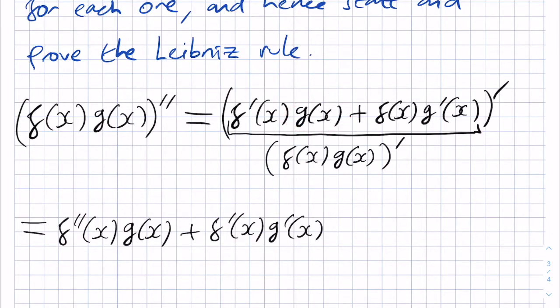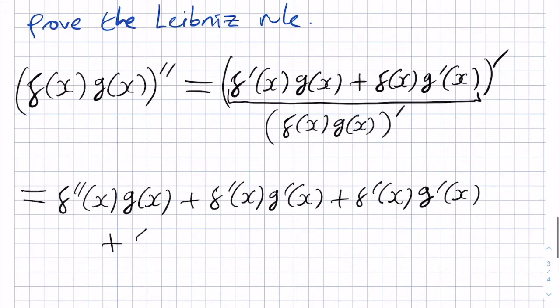And then over with this term here, we will have f prime of x times g prime of x by taking our f and differentiating and leaving our g prime alone.